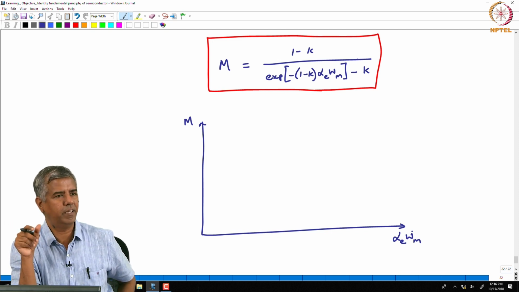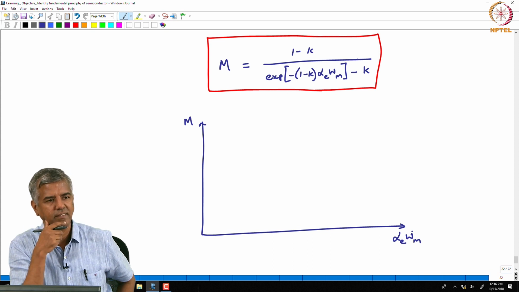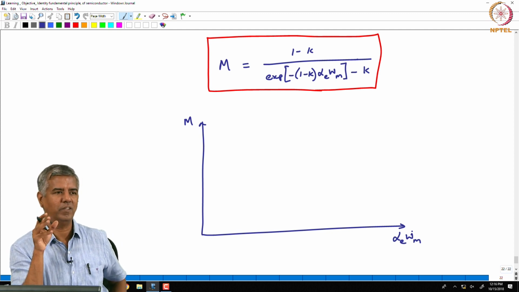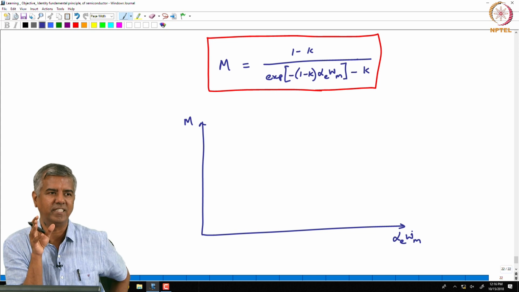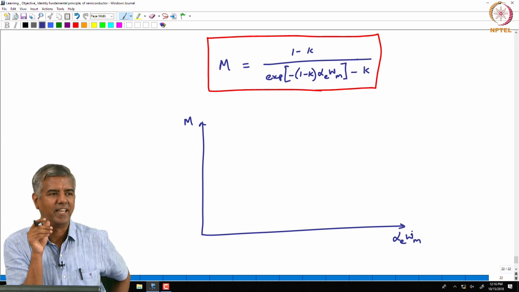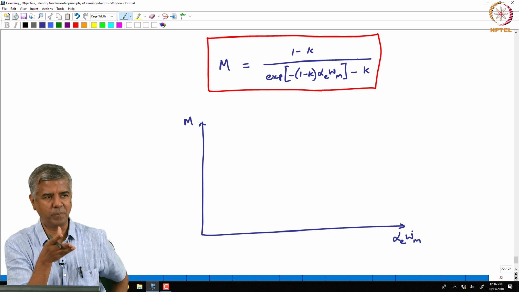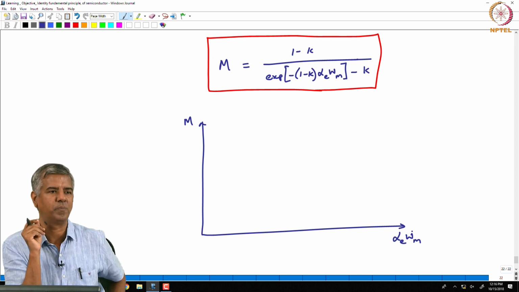Can you vary alpha e? Alpha e corresponds to the impact ionization coefficient. What does that depend on? The electric field existing in that region, and that electric field is dependent on the applied reverse bias voltage.